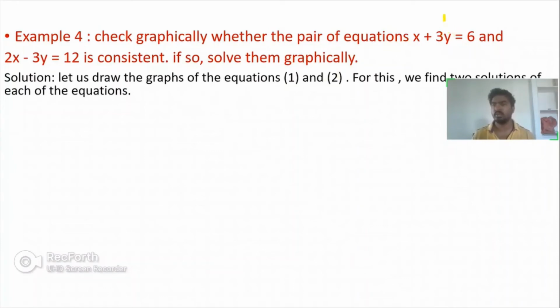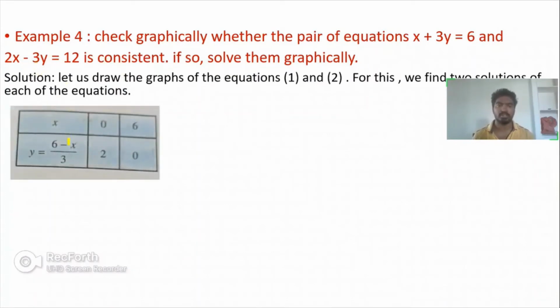From this, the value of y is equal to 6 minus x divided by 3. And from the second equation, we get 2x minus 12 is equal to 3y, and y is equal to 2x minus 12 by 3.